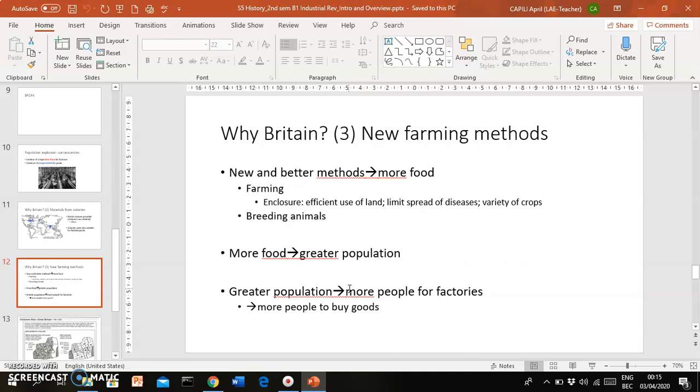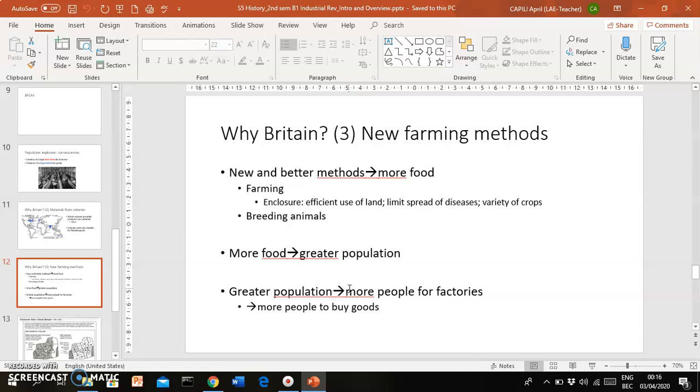But around this time, things were changing. People discovered or developed better farming methods that meant they could produce more food and consumable goods more efficiently. That means less effort or less use of resources, but higher yield, higher production.